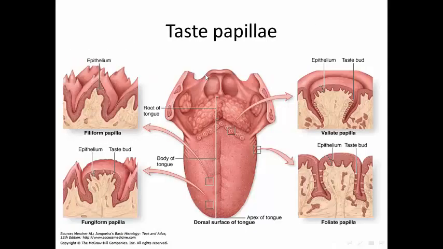These papillae are important structures present in the tongue. In these papillae are arranged the taste buds, as you see in this picture. This is a circumvallate papilla, which has multiple taste buds arranged on both sides of the groove formed by these papillae, while in a fungiform papilla, present in the anterior part of the tongue, the taste buds are present on the surface, or in the apical part of the papilla.